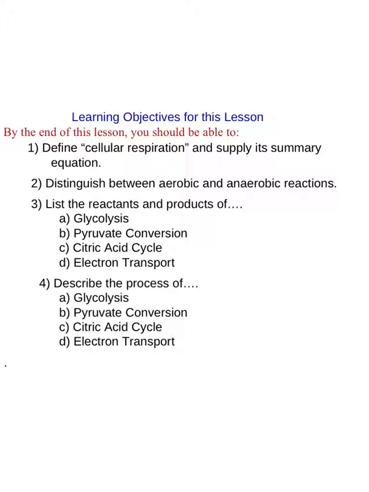Therefore, you should be able to list both the reactants and products of glycolysis, pyruvate conversion, citric acid cycle, and electron transport. In addition, you should be able to describe each of these processes. Well, this is going to take some practice, so let's go ahead and get started.